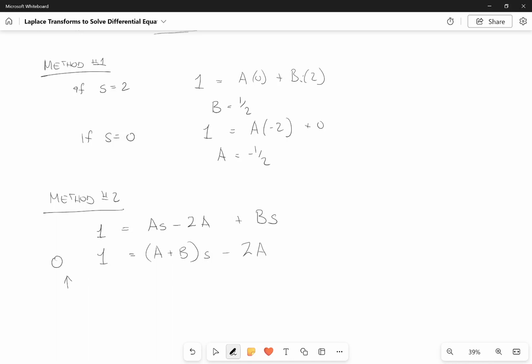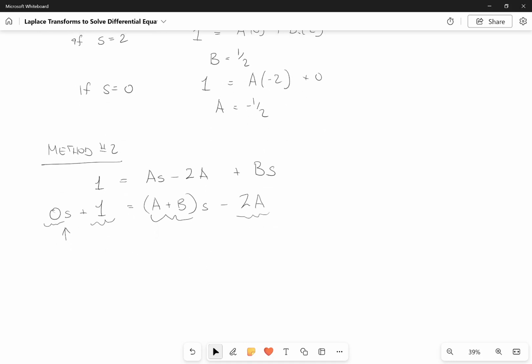Literally what we have is 0s plus 1, which means that this term is 0, and that this term matches with minus 2A. So we have 1 equals negative 2A, which implies that A equals negative 1/2. That's the first equation, for the constant terms.